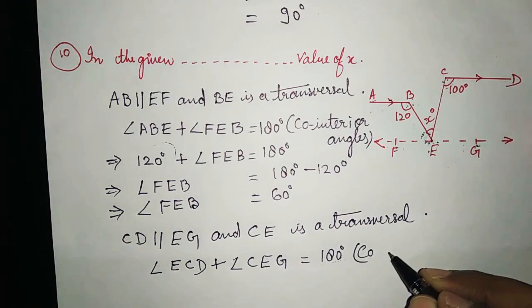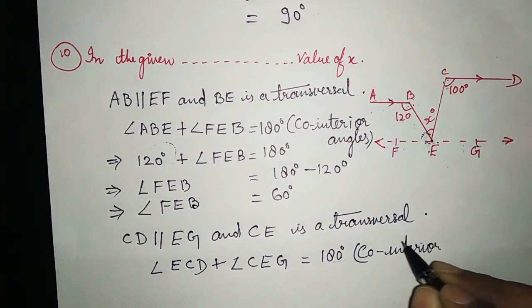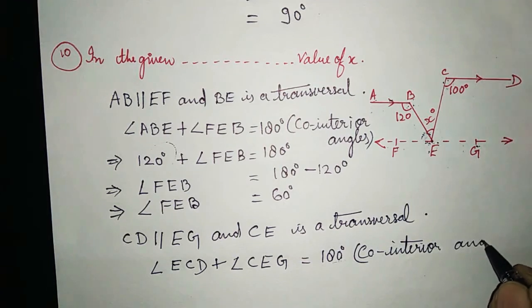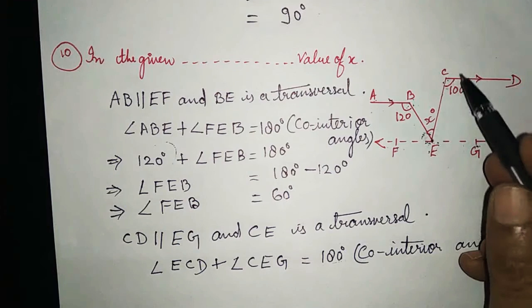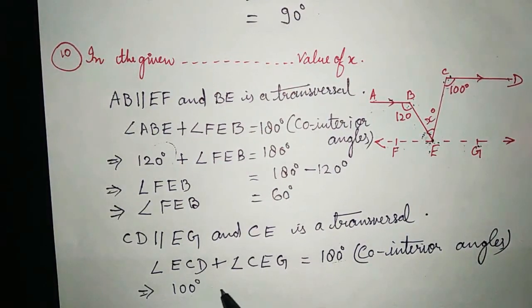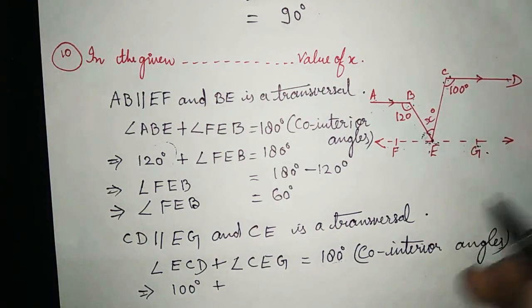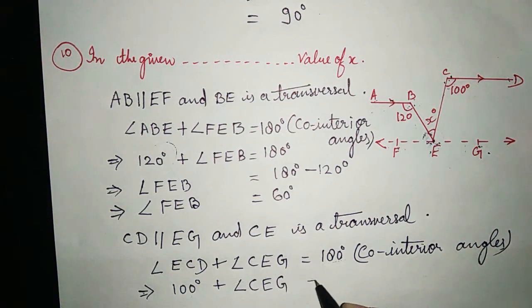And here we will mention co-interior angles. Here the measure of angle ECD is 100 degrees, angle CEG we have to find, and this is 180 degrees.